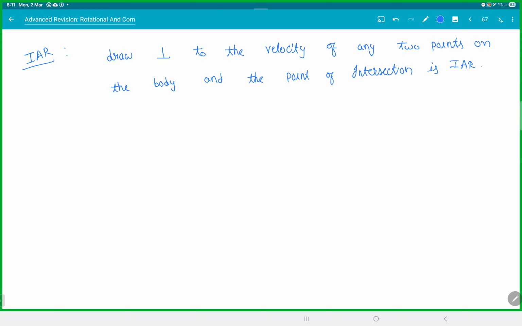But there's another way you can figure out an IAR. What if I can find 2 points with 0 velocity? If the velocities are 0 vectors, then the perpendiculars are the 0 vectors only, isn't it? So I can also do like this. The line joining 2 points with 0 velocity is also an IAR.